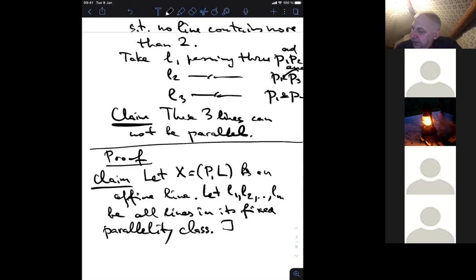Now, if L is not in this class, that means that L is not parallel to the Li's, then L contains m points.